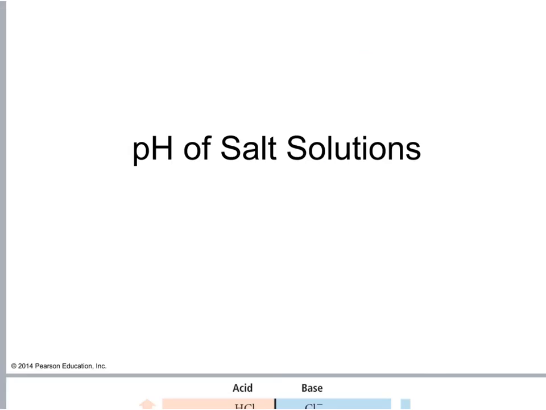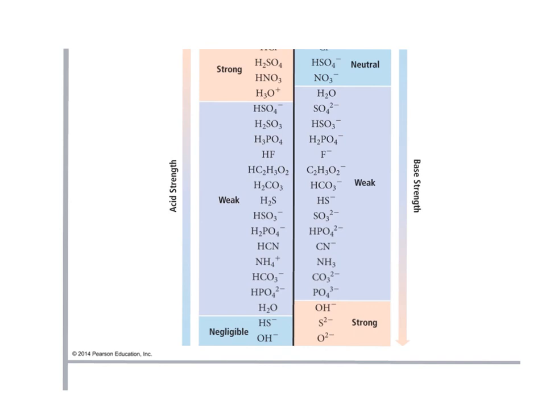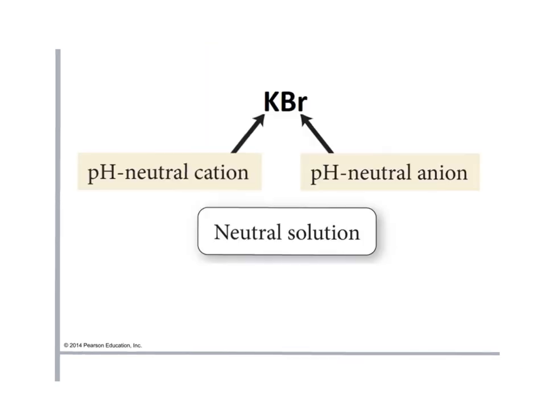We talked a little about the pH of salt solutions, and that pH had to do with where these came from, right? So again, if they came from a strong acid, then their strength was lower. If they came from a weak acid, their strength was higher. And the same thing with bases.